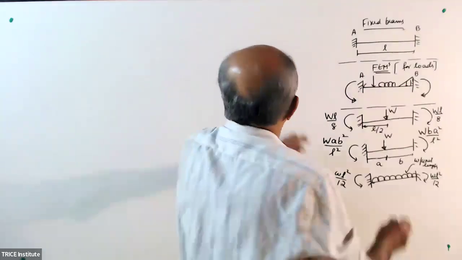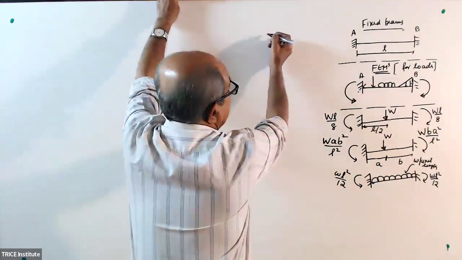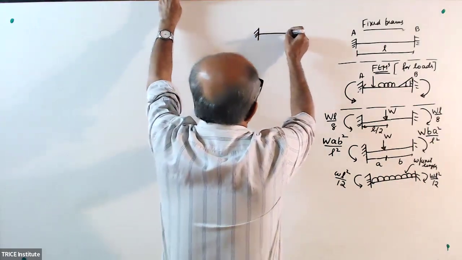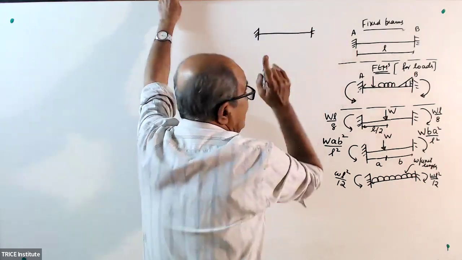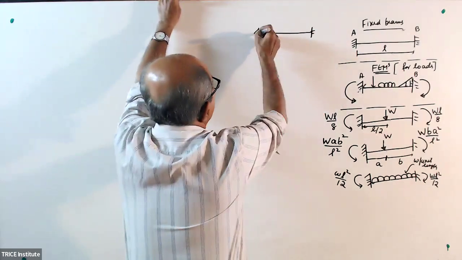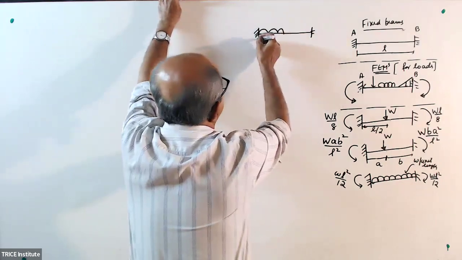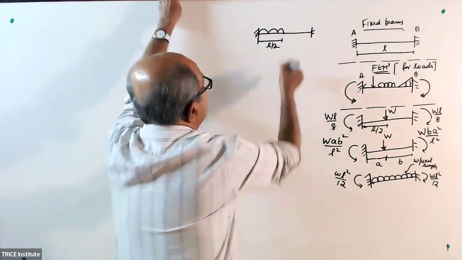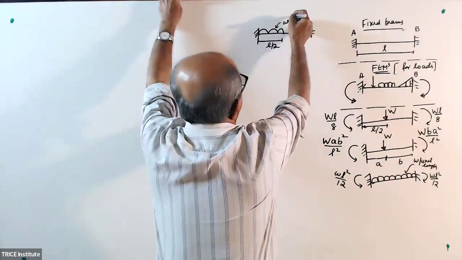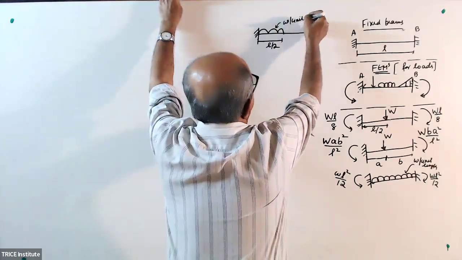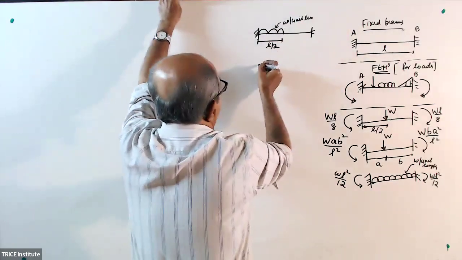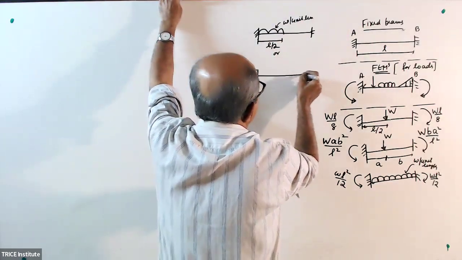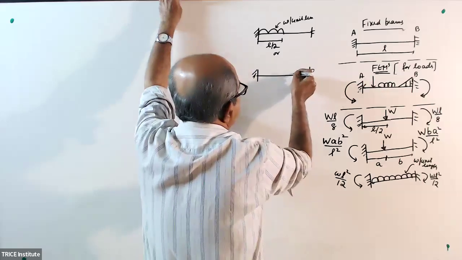Okay, then I will write next here. Suppose UDL is not full span, only half the span, starting from here up to center. This is actually the question is there, L by 2. Again, it is w per unit length. Or it can be like this also. See, it can be like this also.